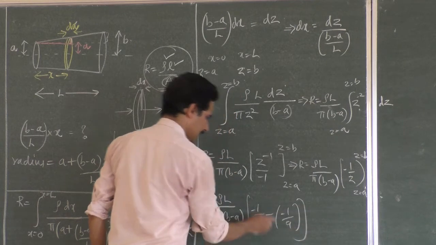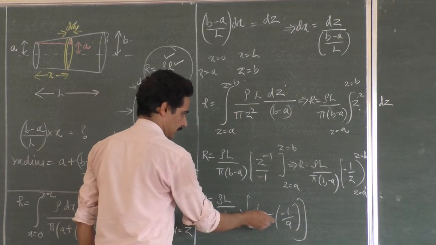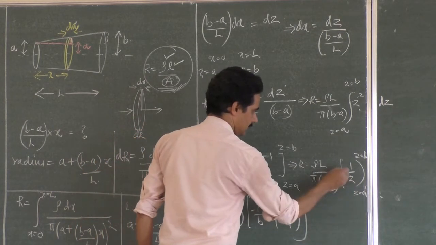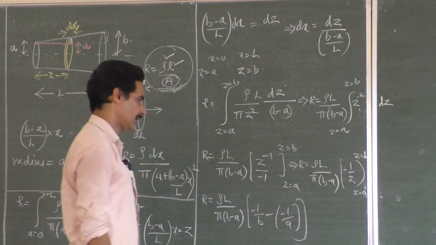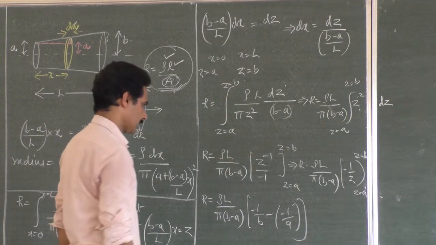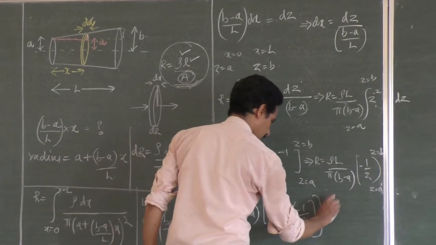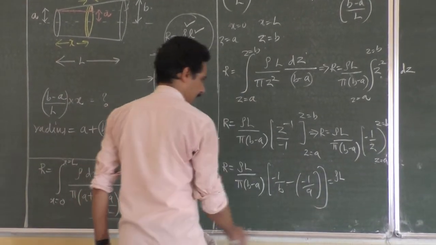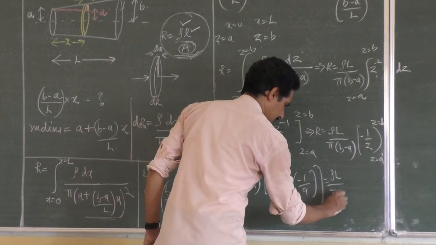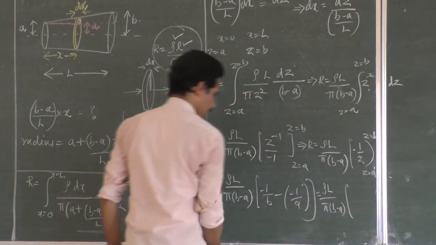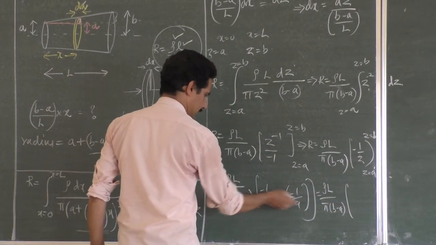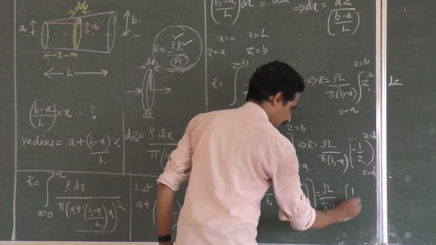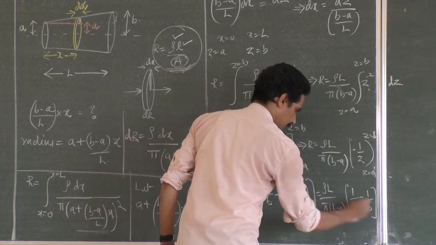So this is minus upper limit minus lower limit, but the lower limit is a. This itself is minus 1 by z, so minus 1 by a. So what will be this answer? Rho L by pi into b minus a into, so this becomes 1 by a minus 1 by b.